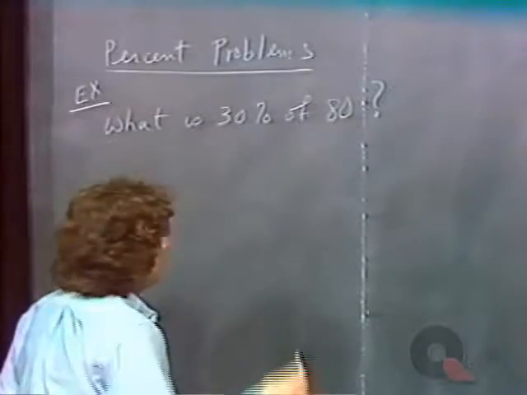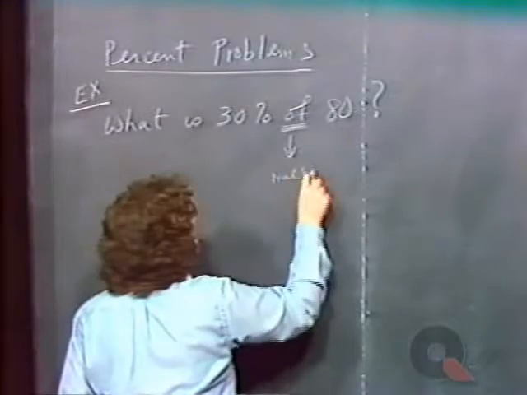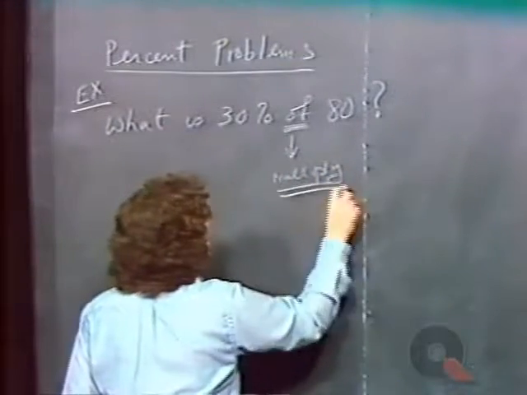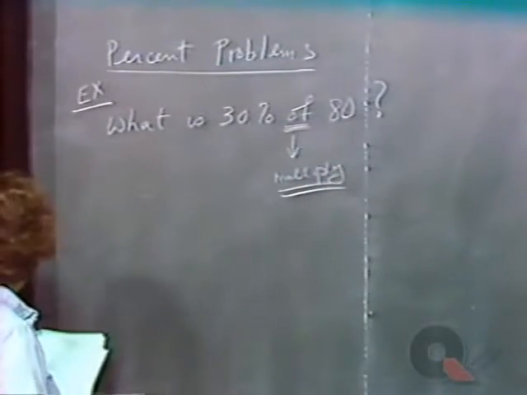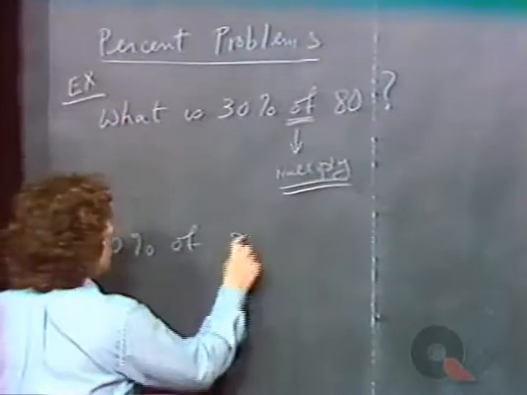The word of in this problem is your key to multiply. It's your tip-off for multiplication. I am interested in 30% of 80.